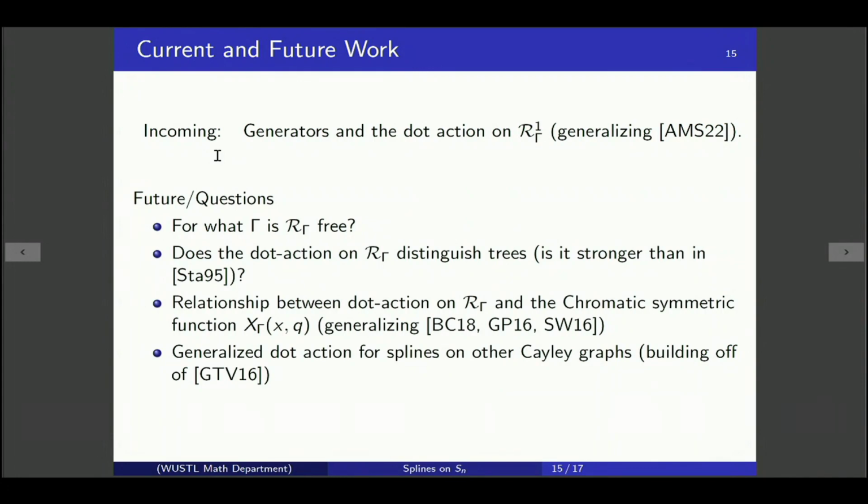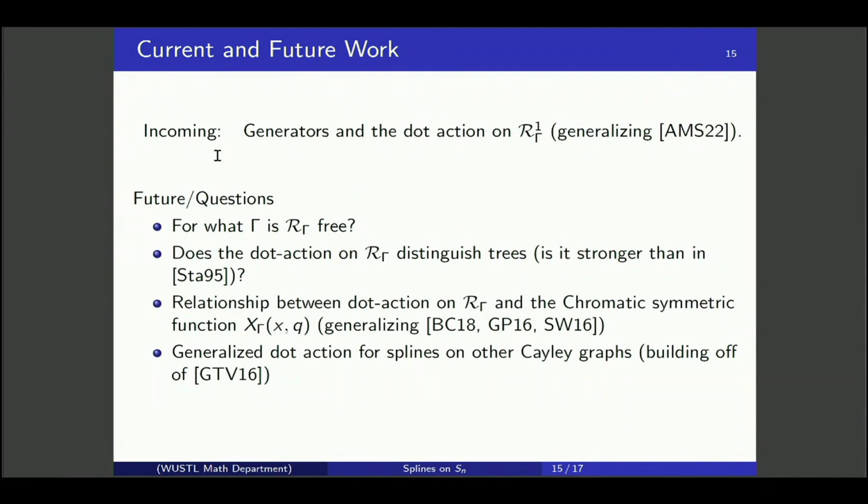So this is my last slide, my advertisement slide, I suppose. So incoming, still cooking a little bit on it, but generators and, in particular, the dot action on the first graded piece.